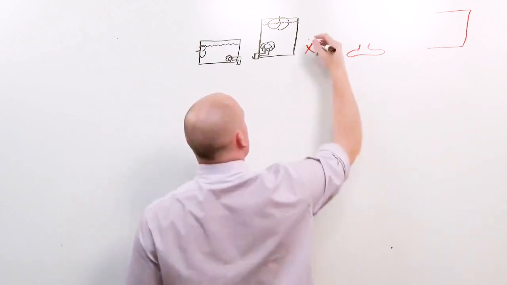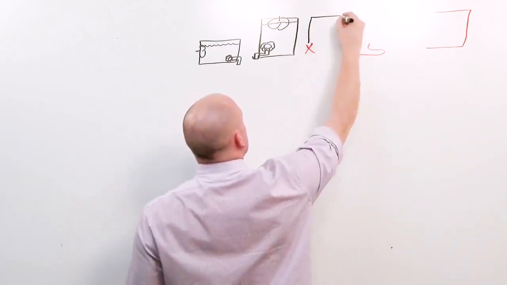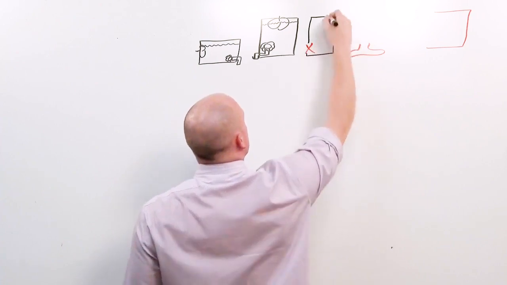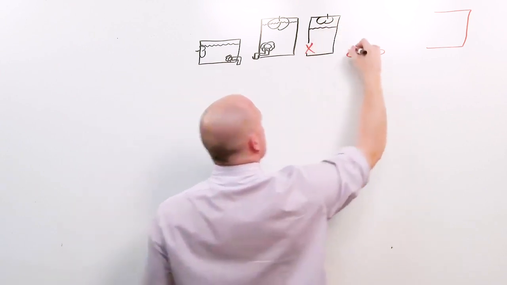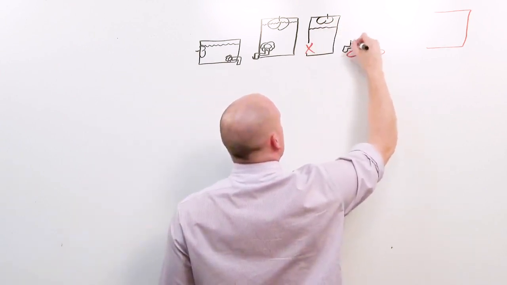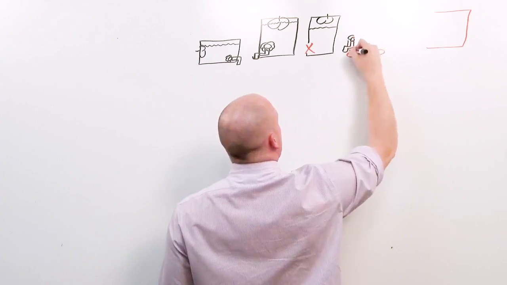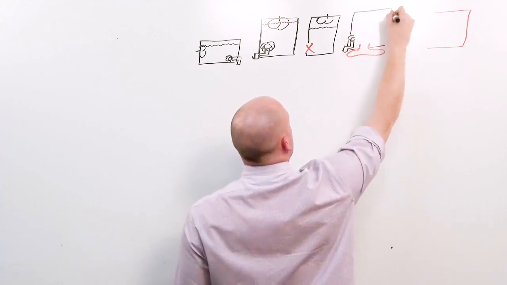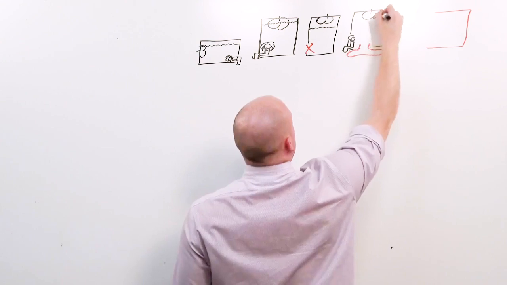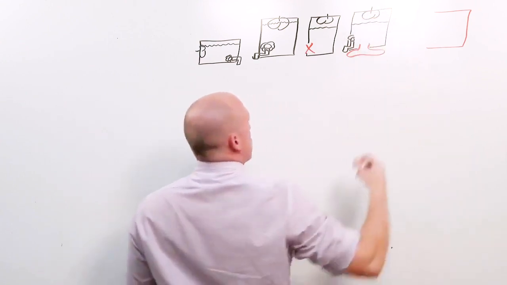Let's see what that looks like. If the pump breaks, the brain is still at the top, but the water level doesn't reach it and the person passes out. If the pump is working fine, but the tank's got a hole in it and all the fluid is falling out, that's no good.